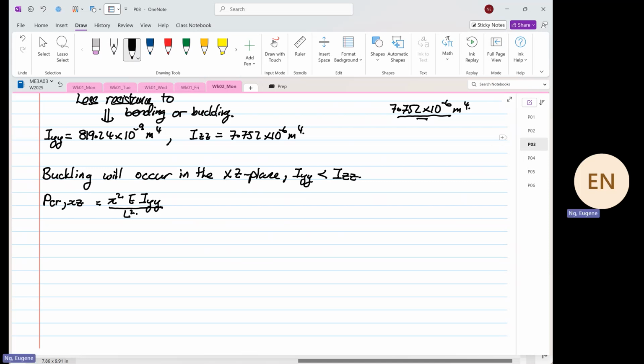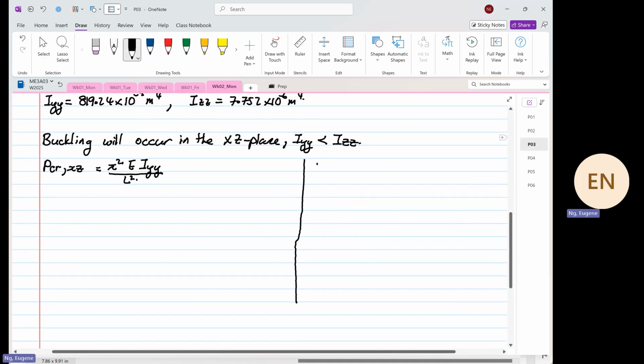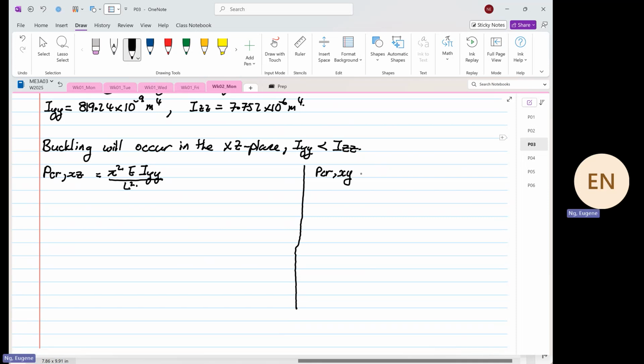Now I'm going to also do the other side. I also want to calculate the critical load on the other plane, which is your XY plane. And now this is equal to pi squared E, just to let you have a look what is going on, divided by L squared.